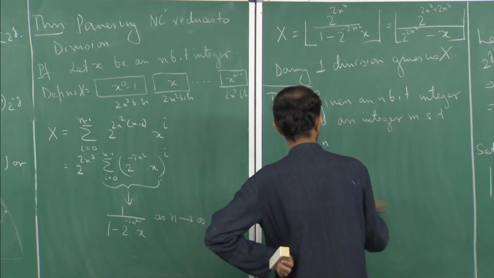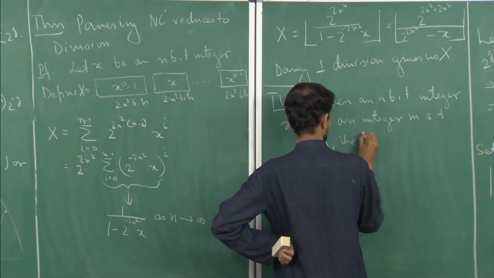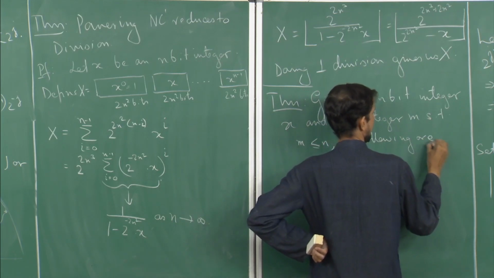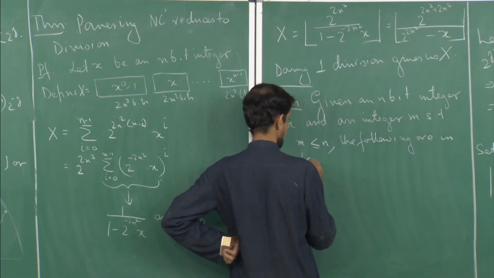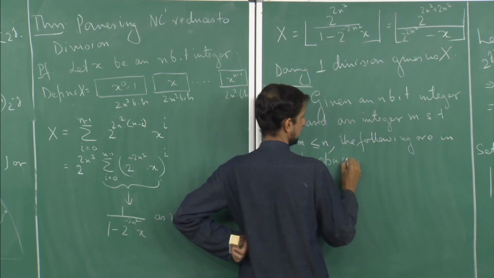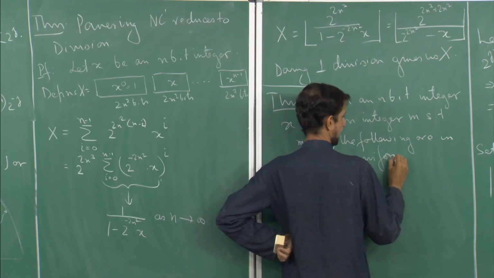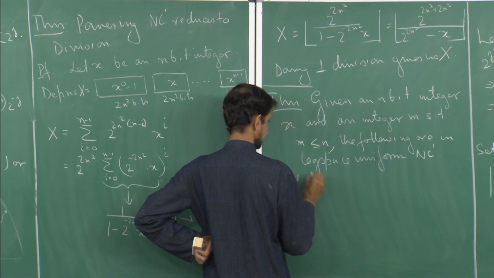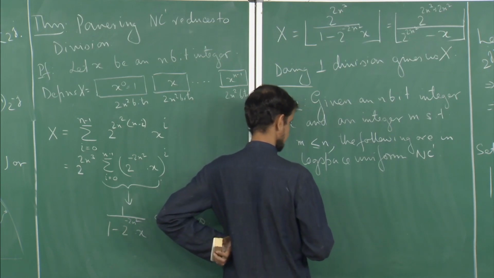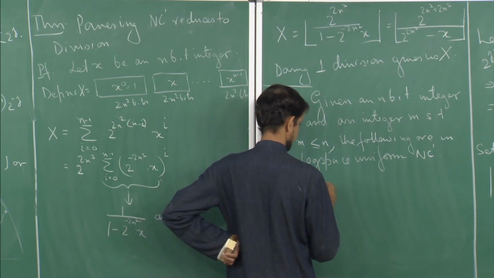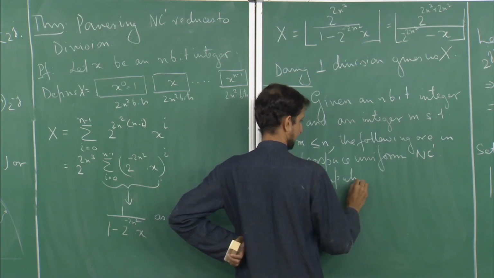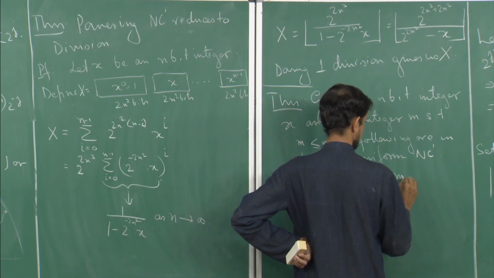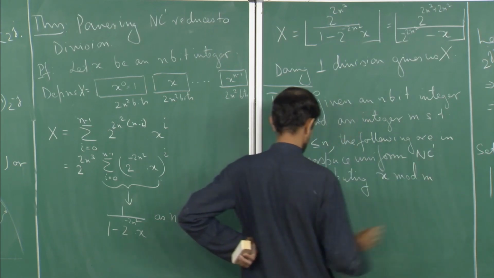Given these, the following are in log space uniform NC1. What are they? The first one is computing x mod m.